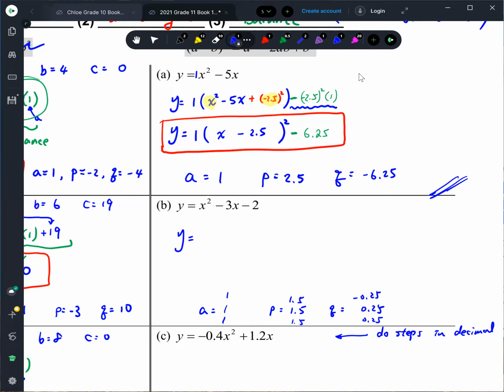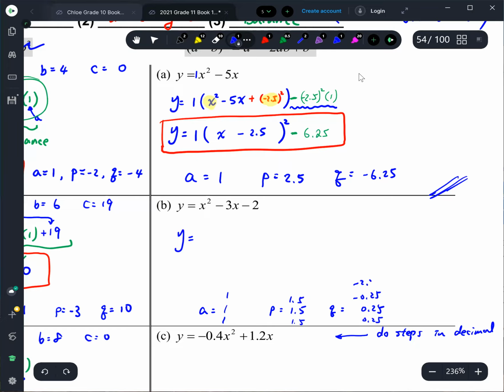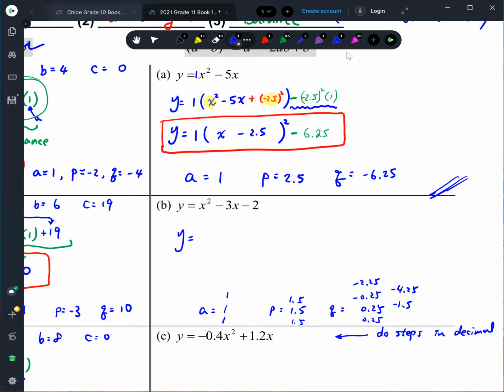Okay, you can just turn on your mic, because sometimes I don't check the chat. I think it's negative 2.25 as well. Negative 1.5. Okay, so very debatable. We have 5 different answers here, so we need to go over it.